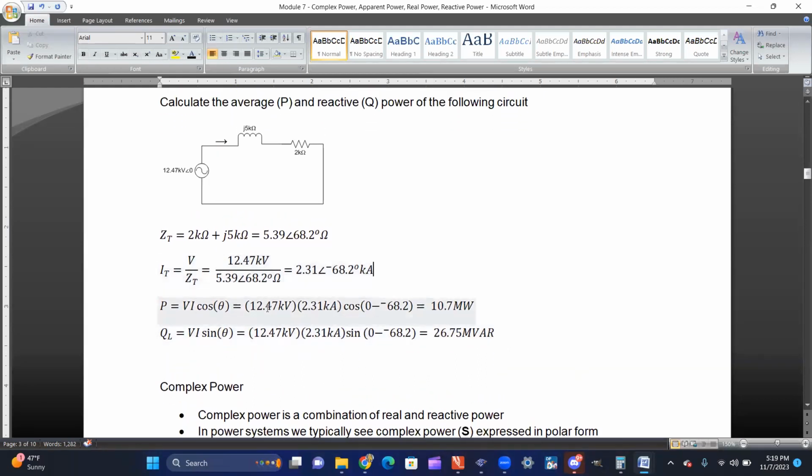And so therefore we can use our power equation to calculate the power, which these are magnitudes.